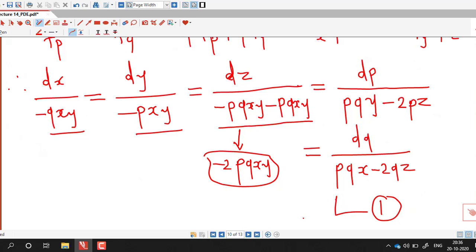So what I will do here is multiply this fraction by small p, and this fraction will be multiplied by small x. If I multiply this by small p, I will have minus pqxy here, and if I multiply this by small x, I will have pqxy.